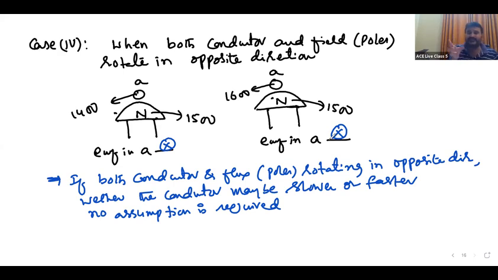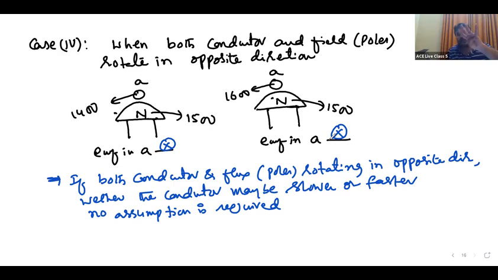Negative sequence field or a fifth harmonic field will rotate opposite to the direction of rotor rotation. If the harmonic poles rotate opposite to the conductor, whatever it may be, as long as there is relative motion, induced EMF takes place. Correct or not? Yes. Both may be the same direction or opposite direction.